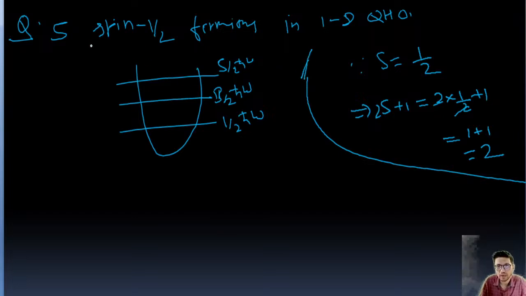So 5 fermions we have to fill in the harmonic oscillator, then we need to find the energy. So 2 will be here, 2 will be here, and 1 will be here.